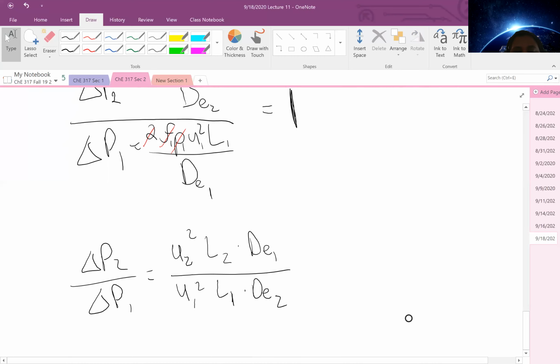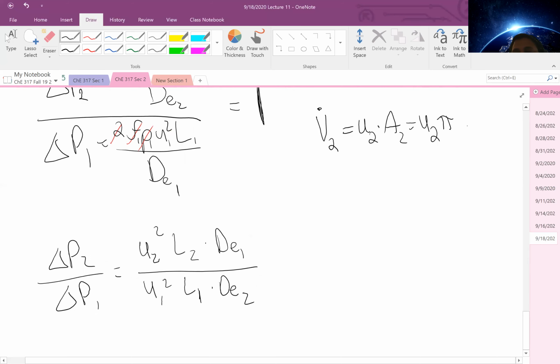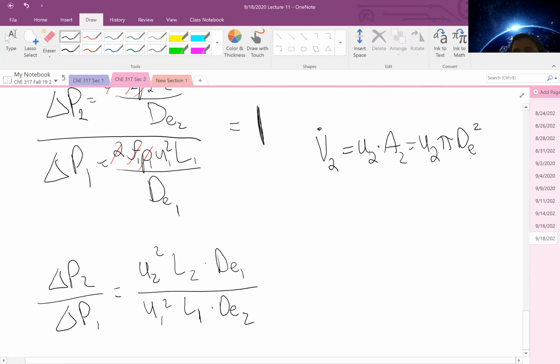So what I can do is substitute velocity and input flow rate in my expression. The way I can look at that is I can state my flow rate of 2, or any system, is simply my velocity times my area, which is equal to the velocity times pi times the effective diameter squared over 4.